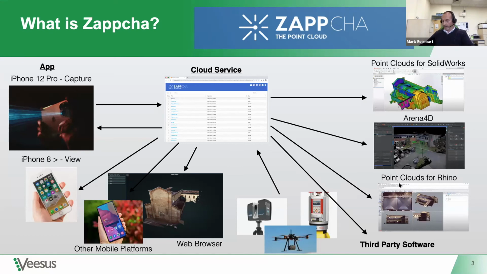Our VPC format, as some of you may know, because I recognize some of the names on this webinar, has been compressed to the point where it's lossless in terms of any data that may have been in the original format, but it allows it to be streamed very efficiently. So we are streaming data from that cloud service and sharing it to all these devices and all these places very, very quickly to be used.